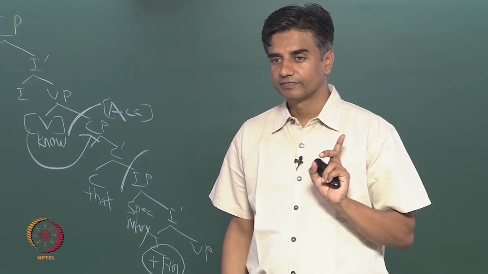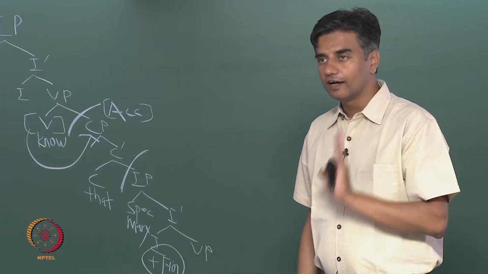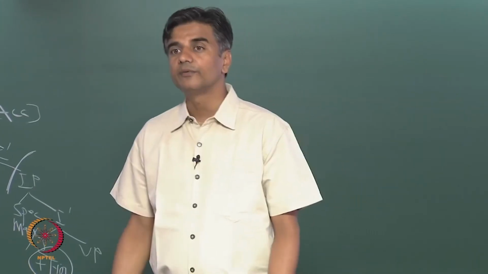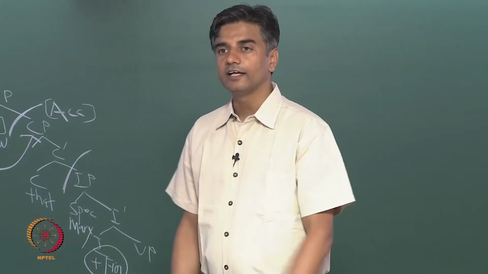We see that? I want everybody's attention here on the screen. Her is in the spec position of that IP. What's the problem with that her? It gets an accusative case. And our problem is, how does it get an accusative case, particularly when the I is non-finite?